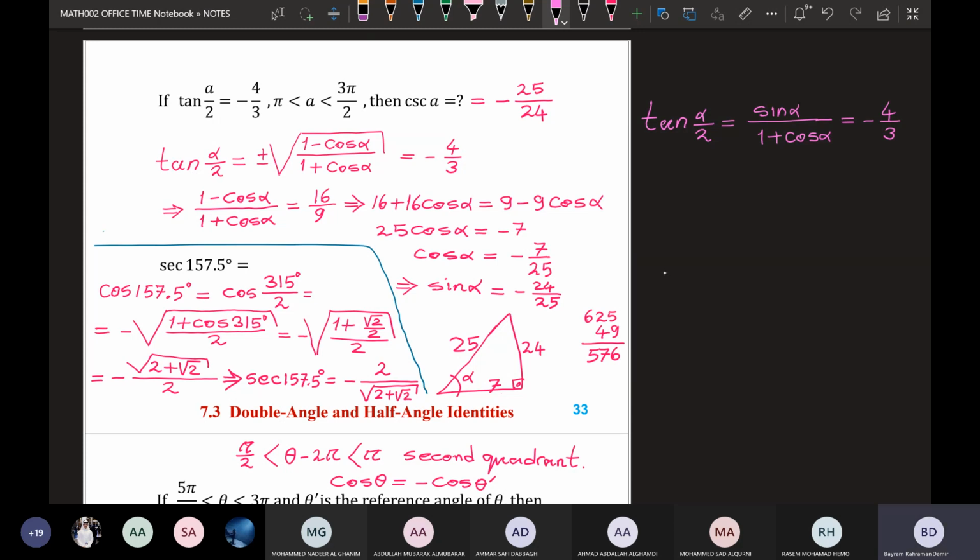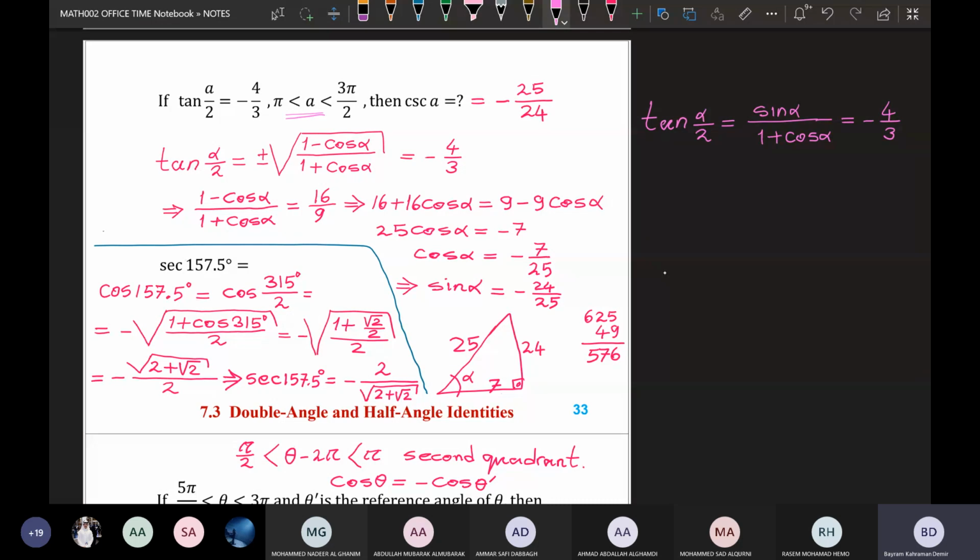So you can see the sine alpha is also negative, because alpha, or A, I guess here, A is in the third quadrant. And so since you know the sign of A, the cosecant is 1 over sine A, right? So which is negative 25 over 24.